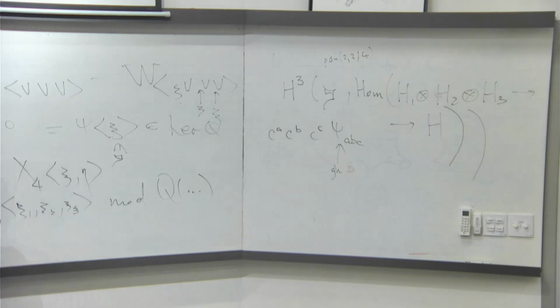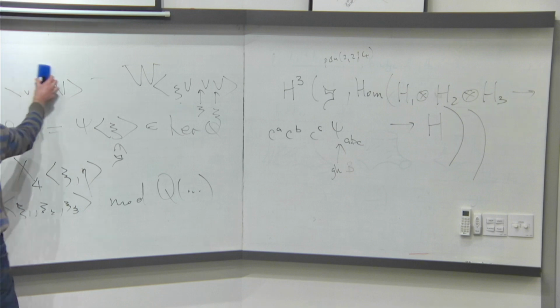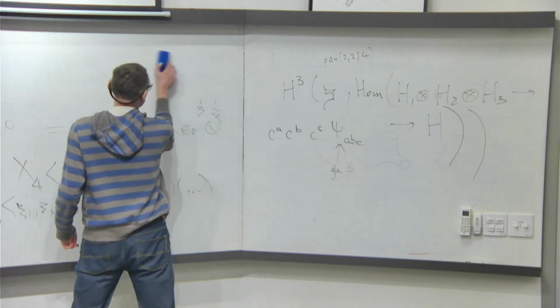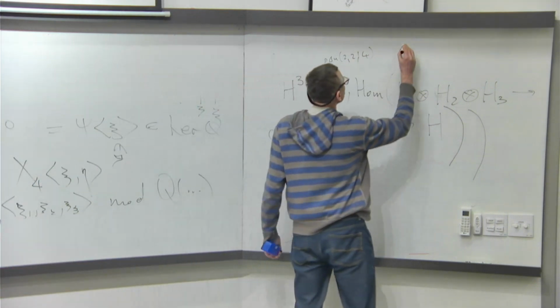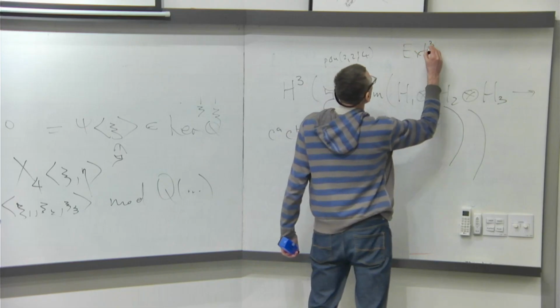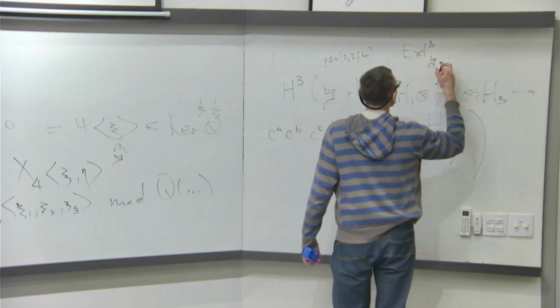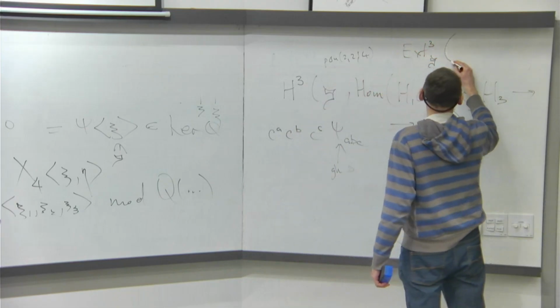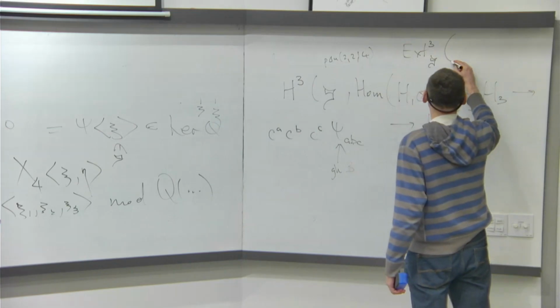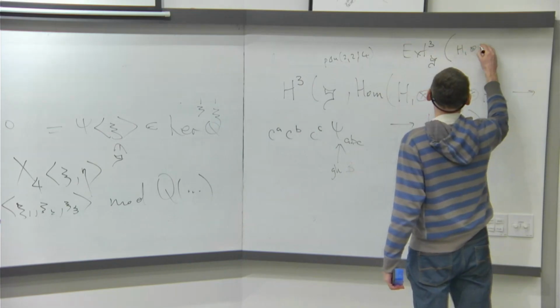So let me give an example of how non-trivial extensions appear. This cohomology group is also called X3 of G or UG. H1, H2, H3.